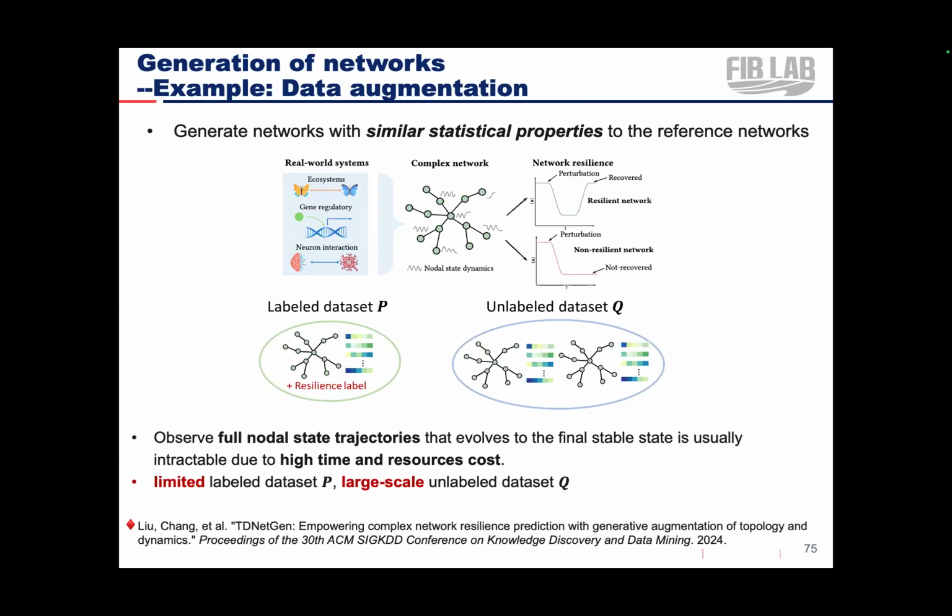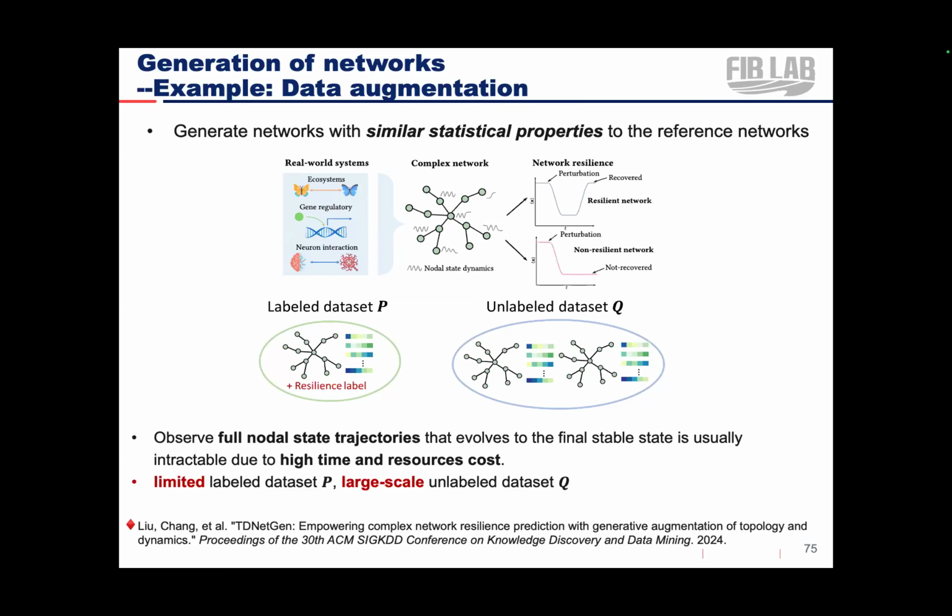So we can easily see that it is very difficult to find enough samples for training a resilience prediction model, because we have to observe a real-world ecological system and then find out whether it is resilient or not.